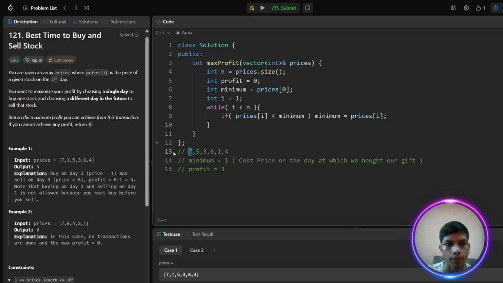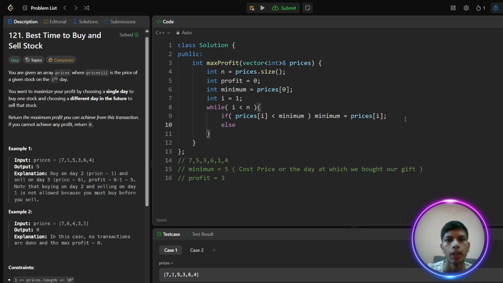Like this, my cost price, or minimum, was 7. At first my minimum was 7. So when we found our 5 here at day 1, we cannot sell it, but we can buy it, because this is lesser than this, so we will buy at this day, so our minimum will switch to 5. That's why we have done this.